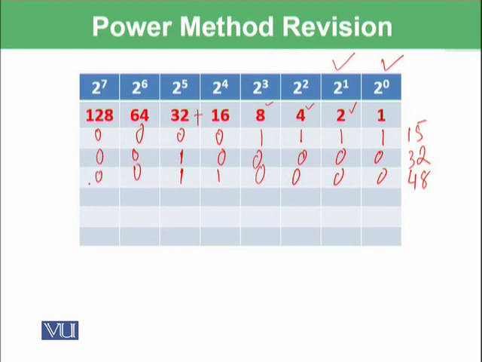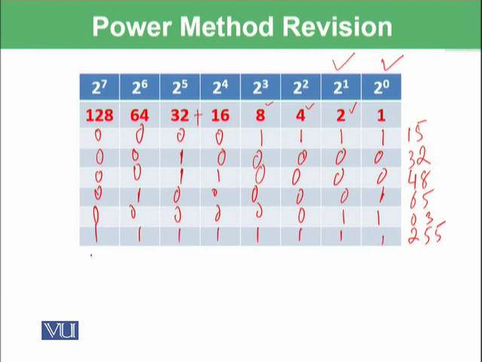So this will become 48. Then for example, you want to display 65. So 64 plus 1, all others zeros. So this has become 65. Similarly, you want to display 3. So 2 plus 1 is 3, all others are 0.